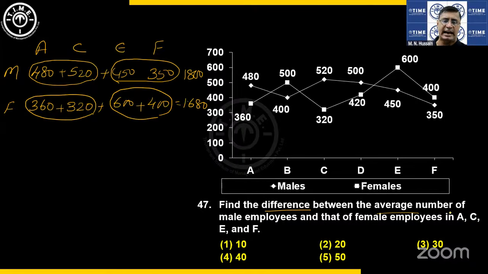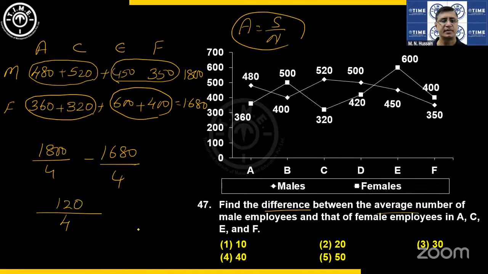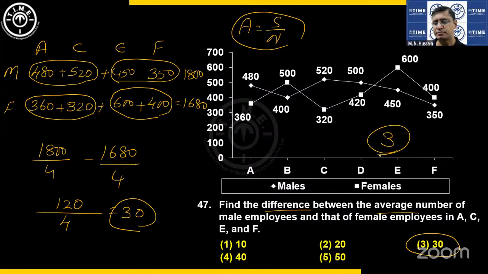Now, difference between the average number. 1,800 by 4, 1,680 by 4. What does it mean? 4 is the LCM here. Average means sum by number. So 1,800 minus 1,680, that is 120 by 4 is 30. What is the answer choice? Option 3. Third choice is the right answer.